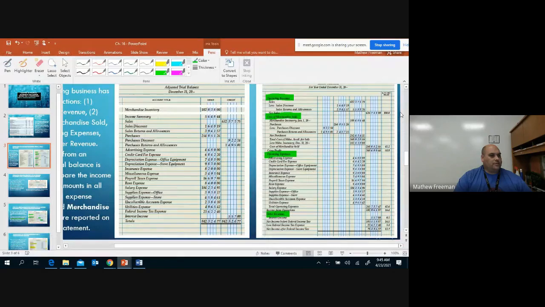So we have our net sales. We're trying to find gross profit. And we know we're going to need our net purchase. And then here's our cost of merchandise. Our net purchase right here is a total cost of merchandise available.